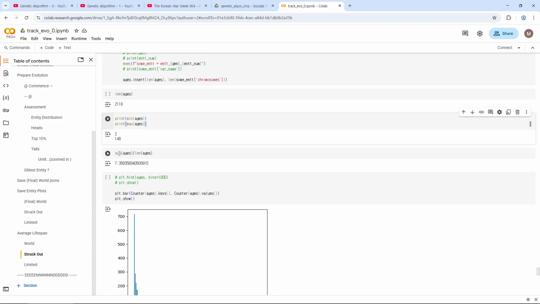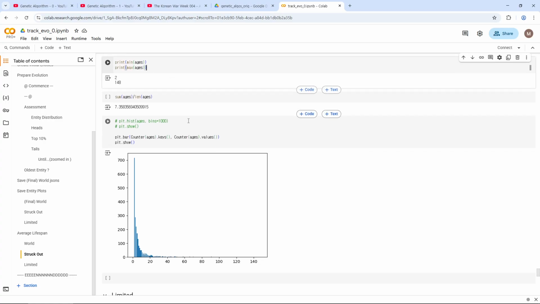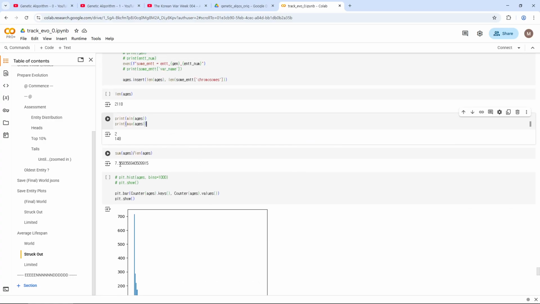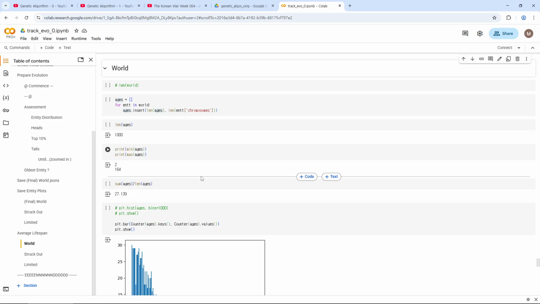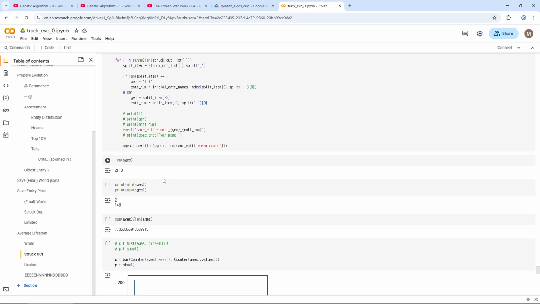And the maximum age here was 148. And the average was 7.35. In the world, the average was 27.139. And in struck out, it's 7.35.